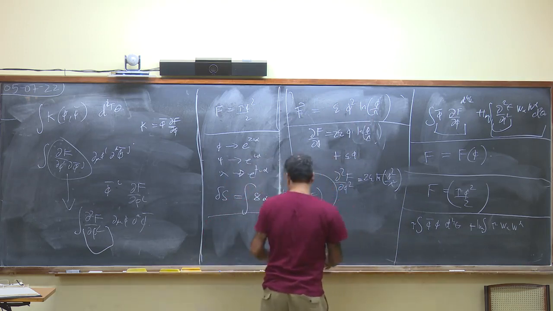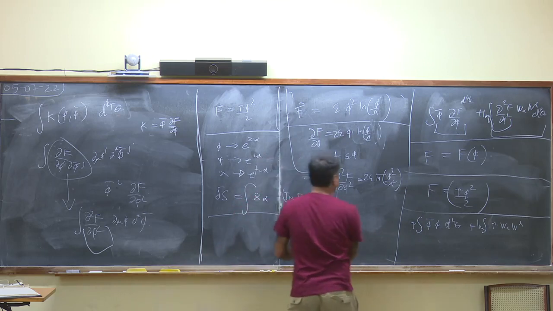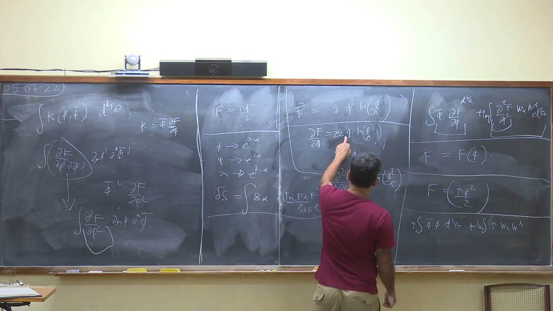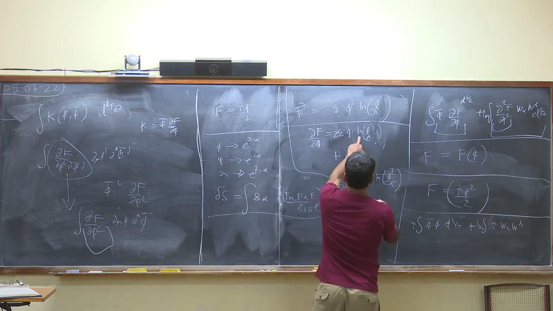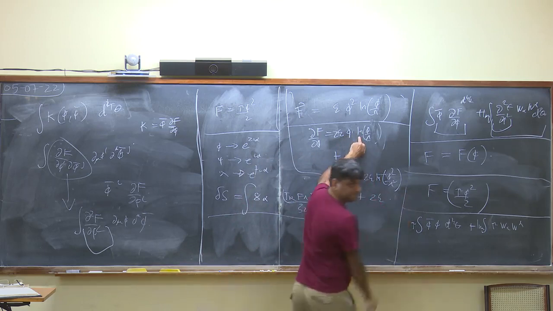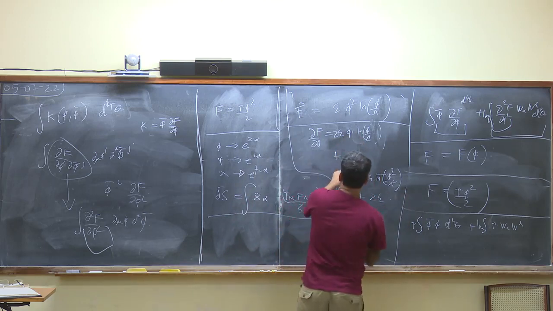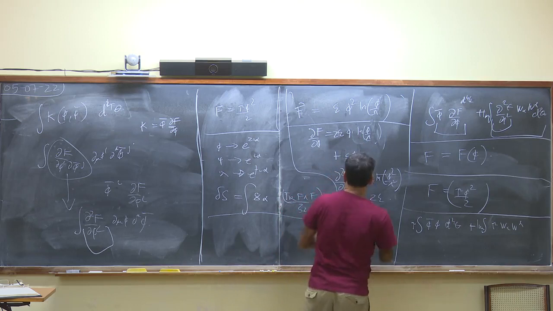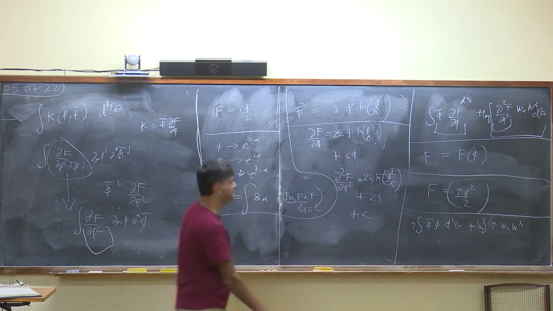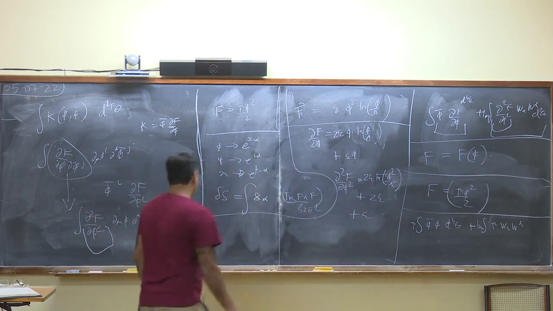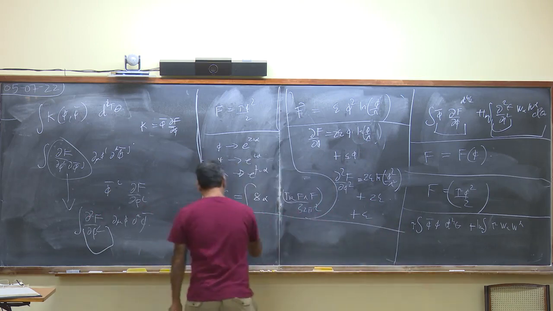Okay. And now when I take this second derivative, one term is this. The second term is when I differentiate this, so that's 2 zeta. And the third term is when I differentiate this, so that's zeta. So when I do this, I get 3 zeta.